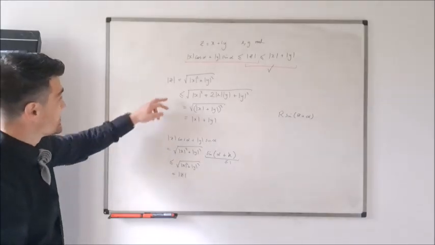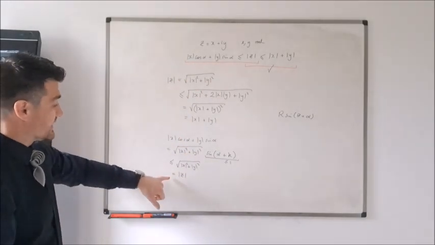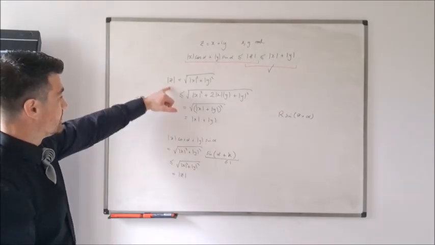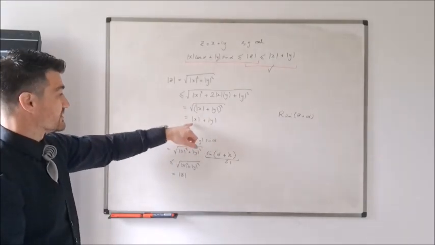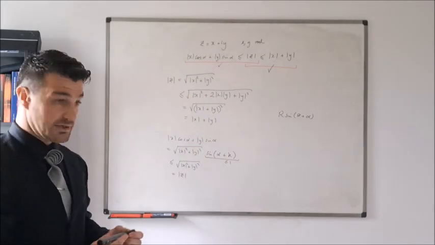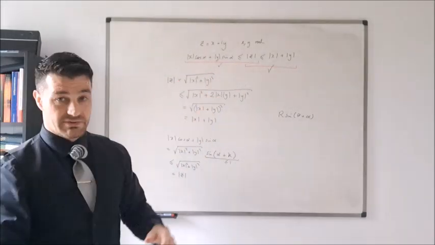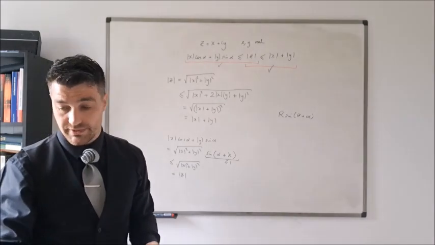Therefore, modulus of x cos alpha plus modulus of y sine alpha is less than or equal to modulus of z, which in turn is less than or equal to modulus of x plus modulus of y. So we proved that inequality as well. So putting all of these together, we get the series of inequalities that we require up there.